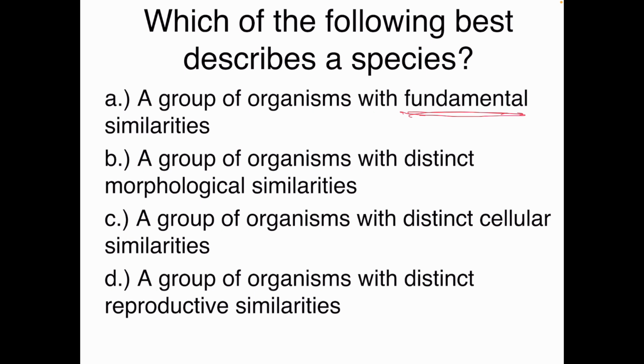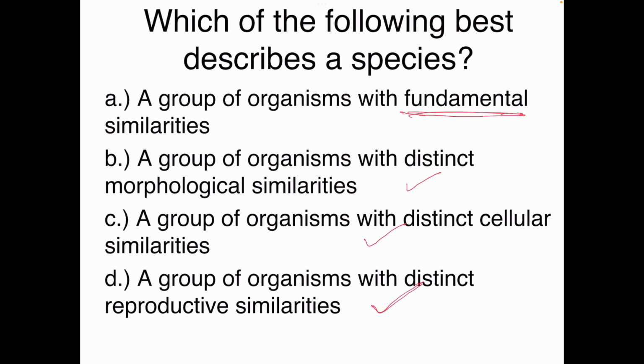For example, they should have a distinct morphological similarity. That is a correct statement. They should also have distinct cellular similarities, like when you are looking at the cells under the microscope, all the organisms should have similar cellular characteristics. All the organisms should have distinct reproductive similarities. So if you see, option B is correct, option C is also correct and option D is also correct.